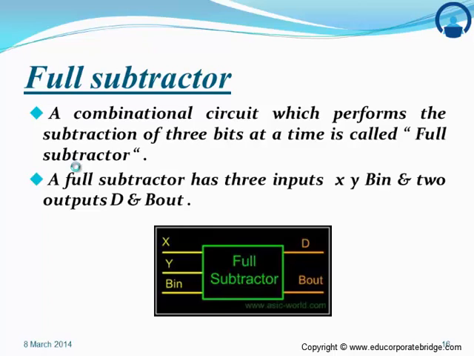A full subtractor has 3 inputs: X, Y, Bin. Bin is the previous borrow. And there are 2 outputs: one is D, the difference, and the other is Bout, the current borrow. Let us check out the working of the full subtractor.